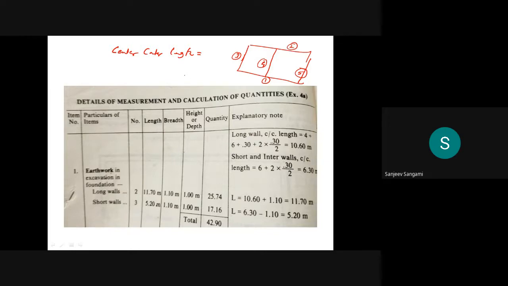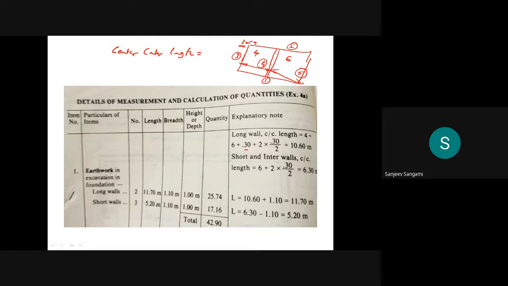If you see the long wall length, here it is inside to inside 4, and here it will be 6. The thickness he has given is 30 centimeters. So when calculating the center to center length, we add 4 meter plus 6 meter, inside to inside, then add the breadth.